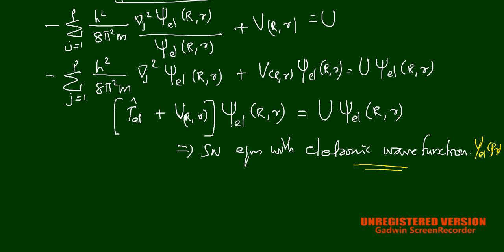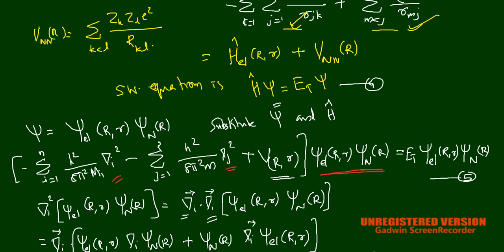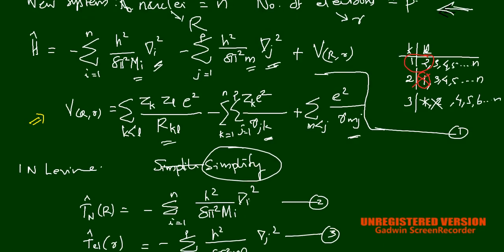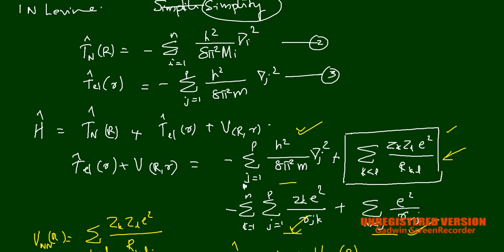You already know that T electronic plus V R R is equal to, we have already done this. Let me check where we have done this. T electronic plus V R R, we have done this in the first session. Somewhere we simplified this. Yeah, it is here. So you look at here. This one. Okay, here.